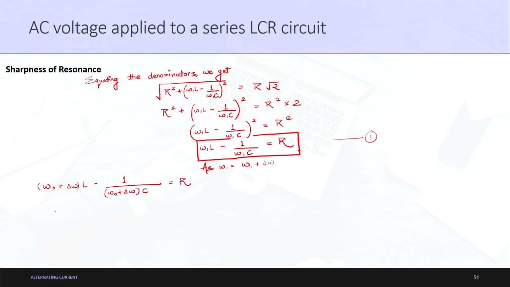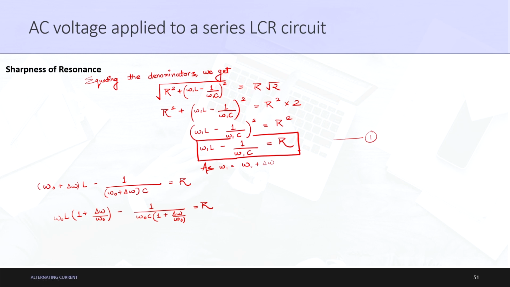Now, let us keep omega naught out of the bracket. So, I can write omega naught L into (1 plus delta omega upon omega naught) minus 1 upon omega naught C into (1 plus delta omega by omega naught). I hope it is clear till this point. I am just removing omega naught from the bracket.